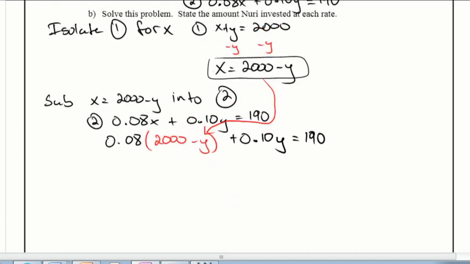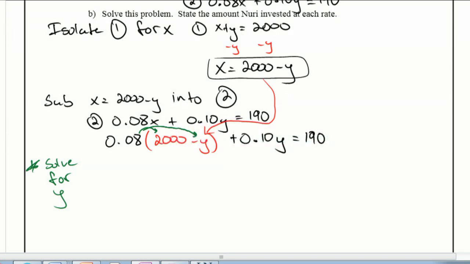The next step here is, if you'll notice, I have a y and a y. The only variable I have is y, so we want to solve for y. We're going to take this 0.08 and distribute it through the brackets. 0.08 times 2,000 is the first thing we're doing here.